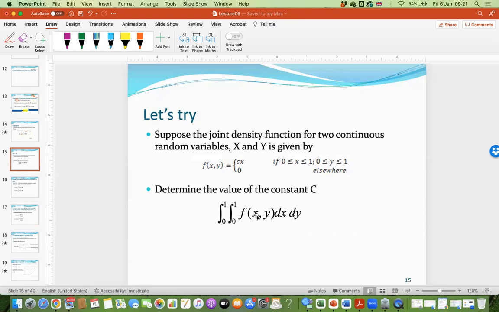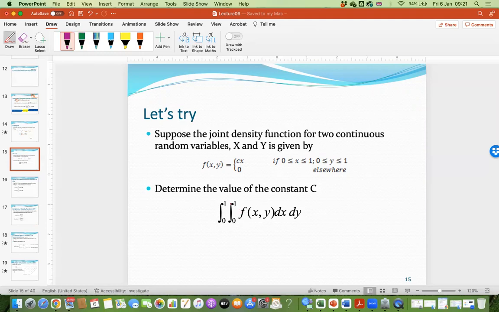Then you can start doing the integration. First, ignore the dy and only finish the dx first, and then use that to further integrate with dy. I'll try to use my finger to show you.